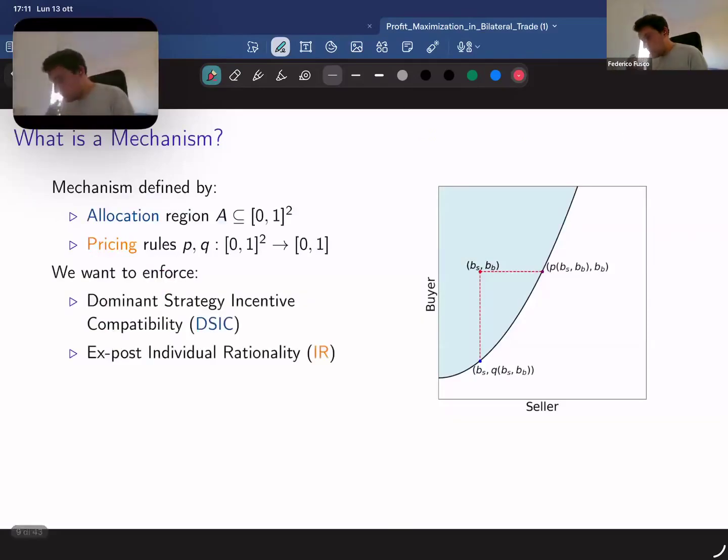And what we actually want to enforce is dominant strategy incentive compatibility, meaning that regardless of what the other agent does, we want truth telling to be a dominant strategy.